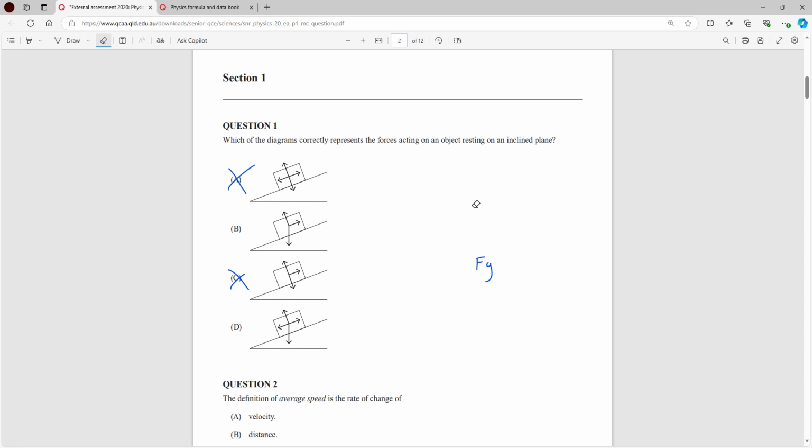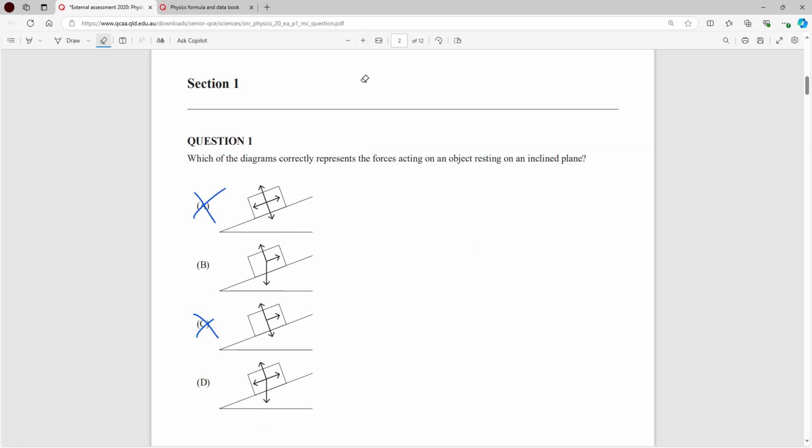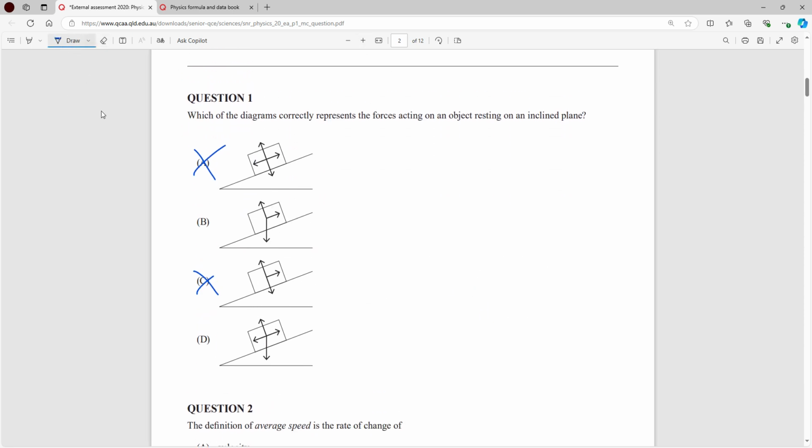Now, a lot of students end up picking D. The reason they pick D is because they think that force counteracts that force, therefore it doesn't move, because they strictly think of horizontal movement. However, they're not accounting for the vector component from this one here. This downward component will have a sideways component and a downward component.